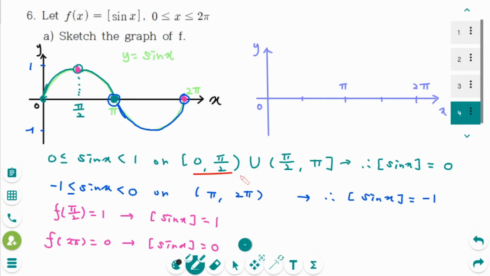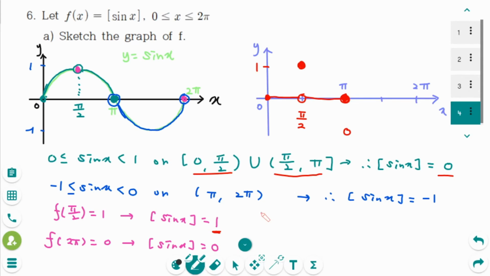On this interval, the value of f(x) equals 0. So 0 between and until here. And when x equals pi over 2, the y value equals 1. Then here, this is 1.